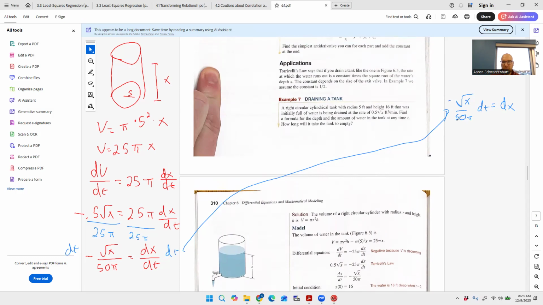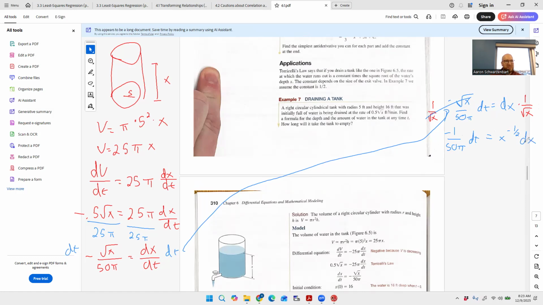So to move the square root of x, I've got to multiply by 1 over square root of x. So that cancels these, giving me negative 1 over 50 pi dt equals x to the negative 1/2 dx.